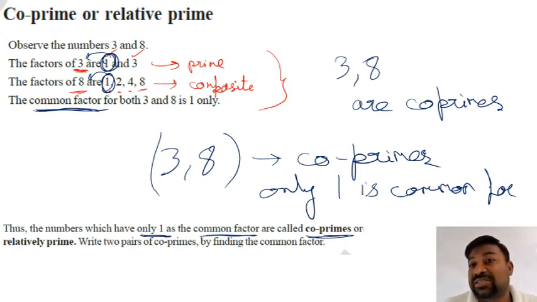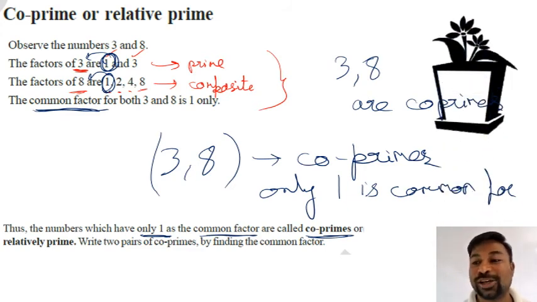One can be prime, one can be composite, or both may be prime numbers. There is no such rule. So what is a co-prime? If only 1 is the common factor, then the set of numbers we have taken are called co-primes. Hope you understood. Let's bang on.